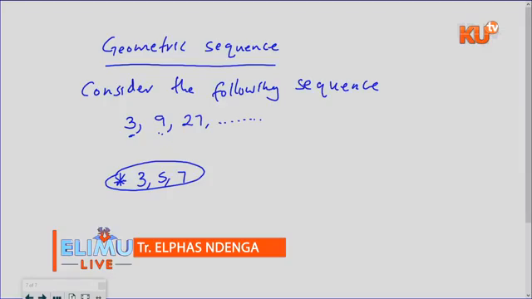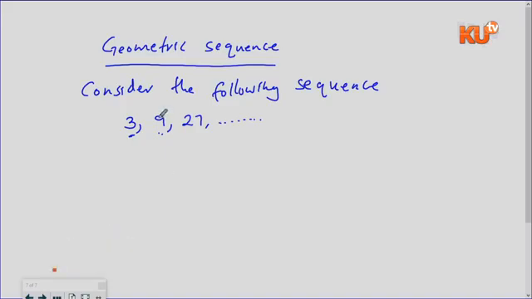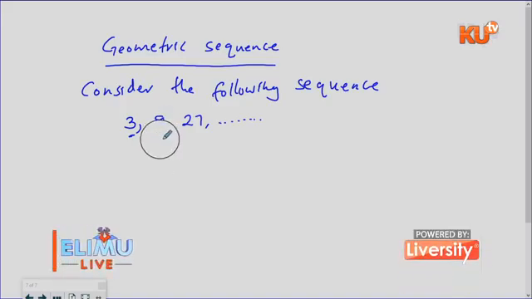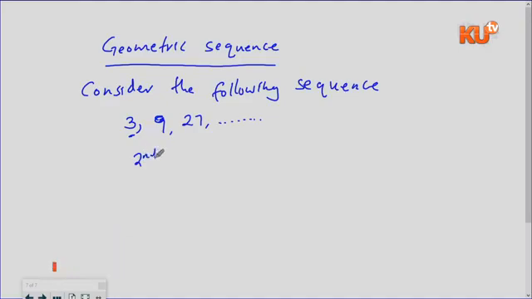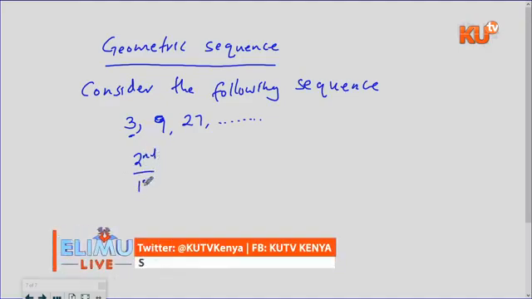So what is happening when you find this kind of sequence? This is what we do. We compare the first and the second term, but we do the comparison based on ratios. That is, we divide the two terms. If you take the second term over the first term, then you'll have 9 over 3, and that will give you 3.